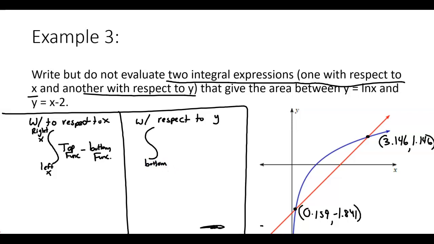Maybe I should put the y underneath so it doesn't look like it says bottom. And then you're going to do the top y value, and it's going to be the right function minus the left function. There's a little thing we've got to be careful with also with that one, but we'll cross that path when we get there. All right, so with respect to x, it's going to follow this template, and with respect to y, it's going to follow that template. So let's go ahead and fill it in.